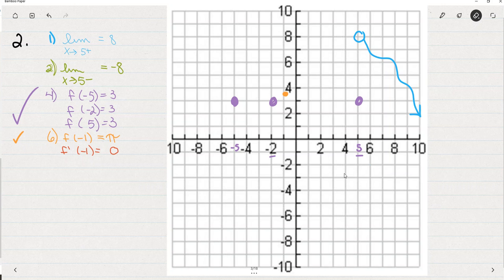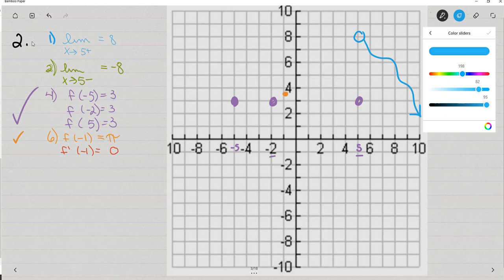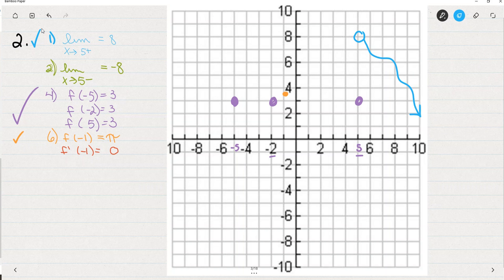But this demonstrates that the limit as x approaches 5 from the right is 8. So as I'm coming in towards 5 from the right, the function's value is getting closer and closer to 8.